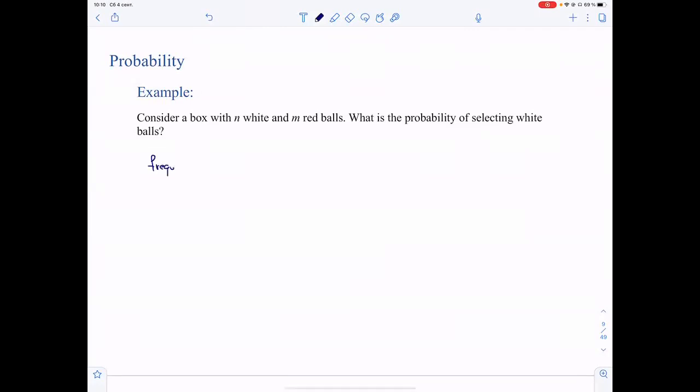Obviously, the total number of balls is n plus m, and only n white balls are there. Then you may intuitively guess that the frequency of getting a white ball should be n divided by n plus m.